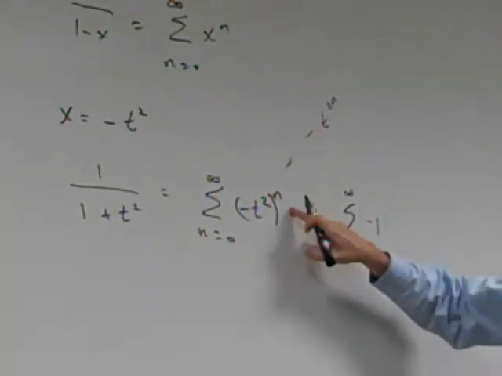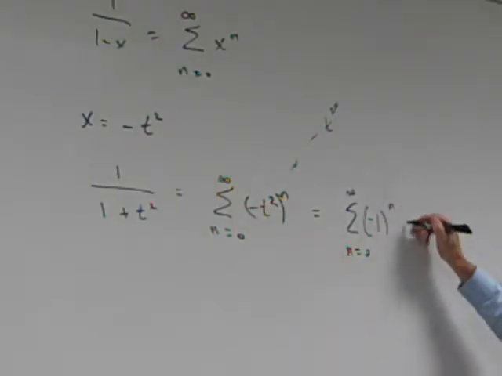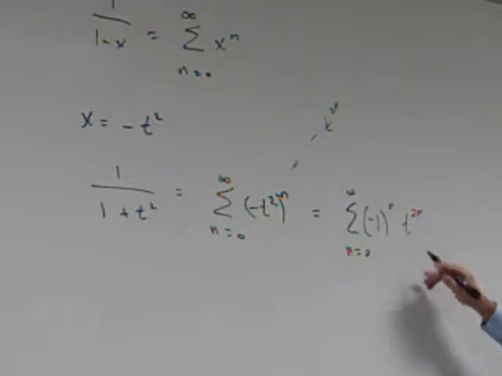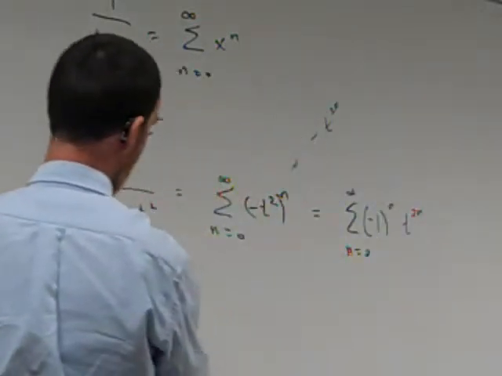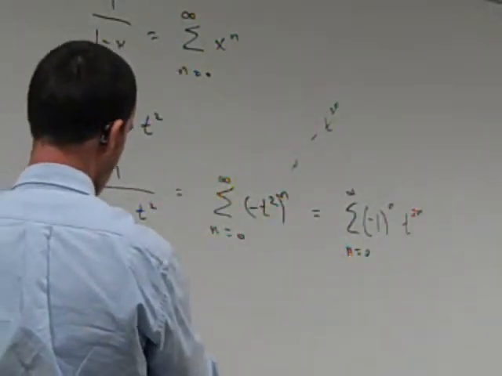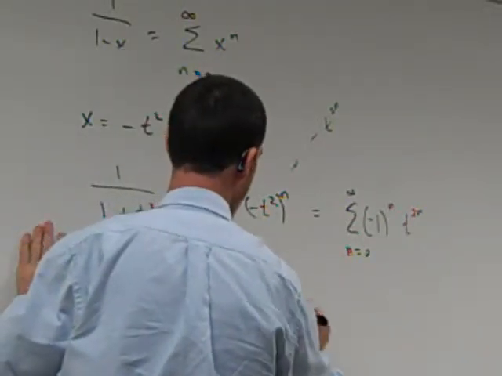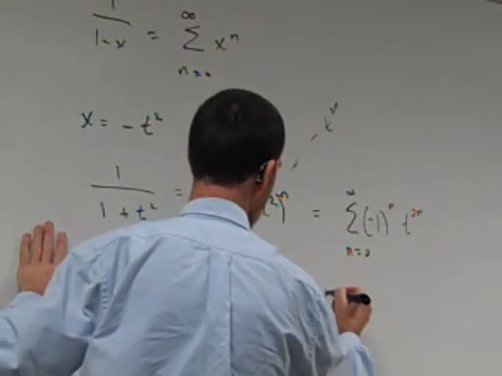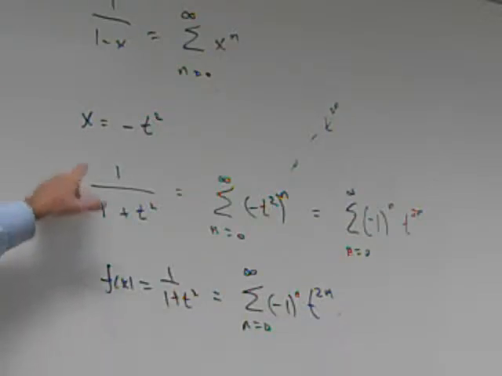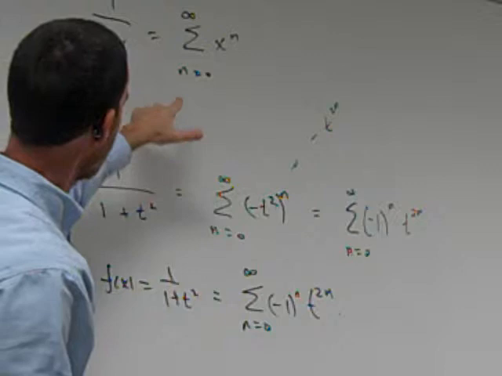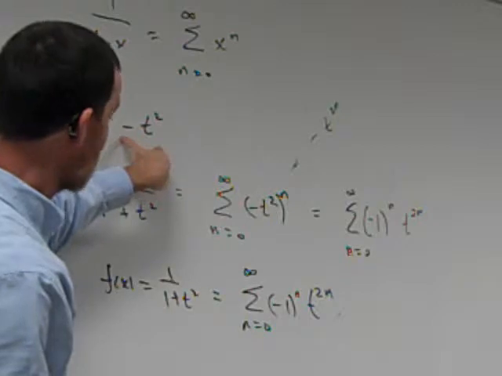I need to distribute the n to both, because that's a product, right? So negative 1 to the n, t to the 2n. Hey, an alternating series. So this function can also be written as a series. So f of x equal to 1 over 1 plus t squared is equal to an alternating series. And I thought those things were worthless. Again, this guy was only valid when the absolute value of x was less than 1, so this one's only valid when the absolute value of t squared is less than 1.